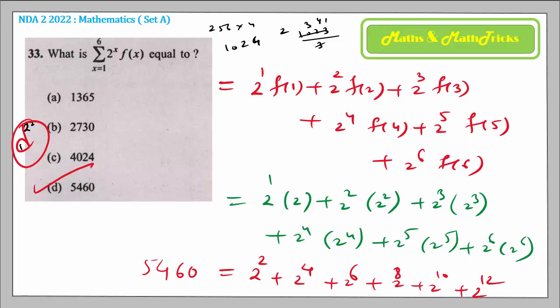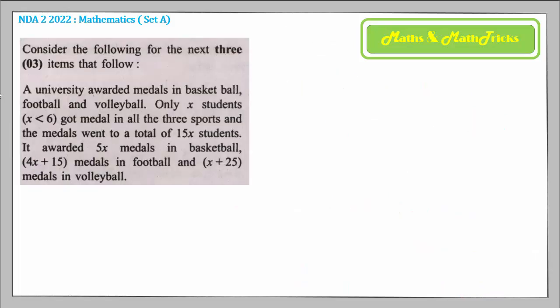Alright, coming on to the next question now. For this question we have 3 questions again, and this information we have to follow to answer 3 questions in line. So we have this question from set theory. A university awarded medals in basketball, football and volleyball, and only x students, where x is less than 6, got medals in all the 3 sports, and the medals went to a total of 15x students.